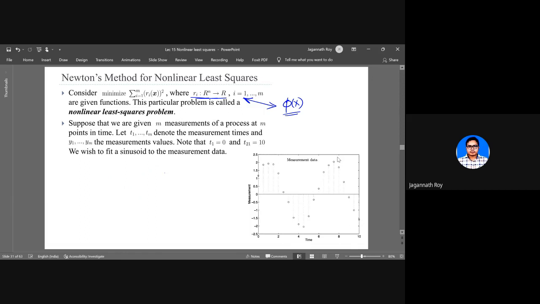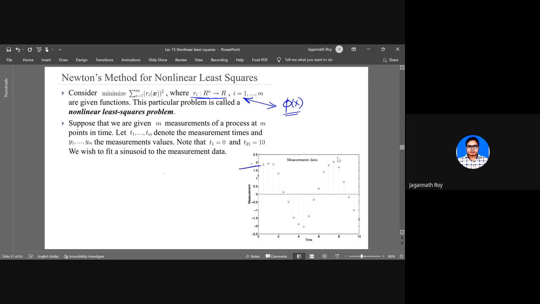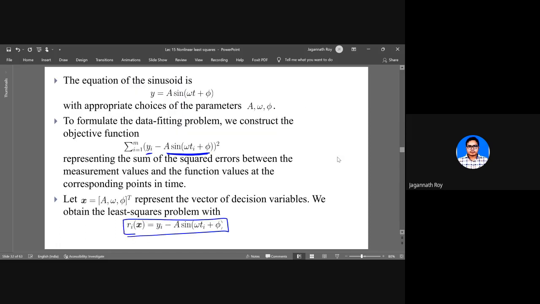We have to define yi minus A sine of omega ti plus phi, the whole square. So this ri can be defined of this form. If we have the data set of this form, it is trivial to see that this error function can be defined as a nonlinear function.